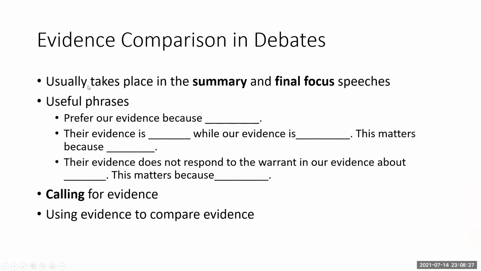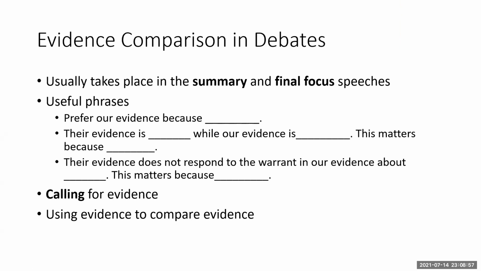Most of this we've already talked about, but the thing I want to highlight on this slide is these useful phrases. So these are some phrases you can use to make comparisons between pieces of evidence in your speech. So in the actual debate, remember when we had our card activity where we practiced flowing? So phrases like this can take the place of those playing cards.